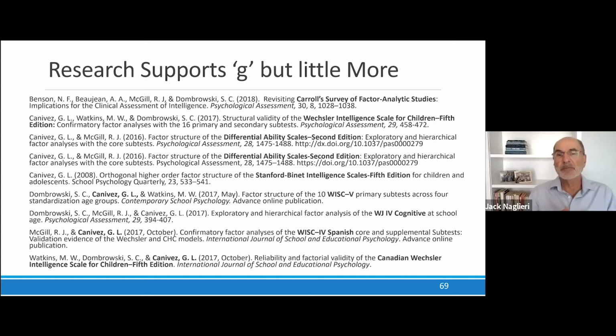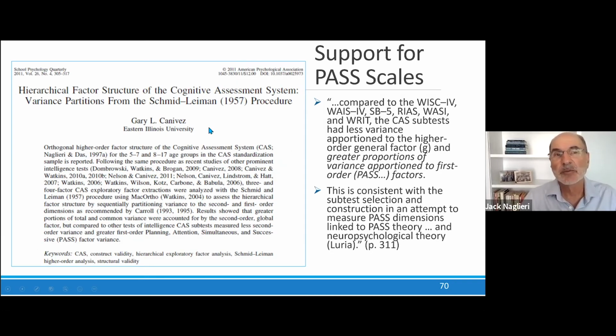They've studied the Stanford-Binet, the WISC in different languages, the WJ cognitive, the Canadian WISC, the Spanish WISC, and so on. But you know what's really amazing, for me anyway? They did the same analysis with my Cognitive Assessment System and didn't get the same result. They found that the part scores, the PASS scores, do have enough variance to be interpreted.